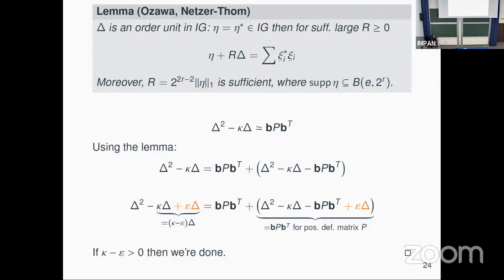This is a sum of squares by definition. And here what I get is kappa minus this epsilon. So if kappa minus epsilon is still positive, then it's all fine, right? Then I still have solved my equation, because I didn't really care about the constant. And I have the proof.